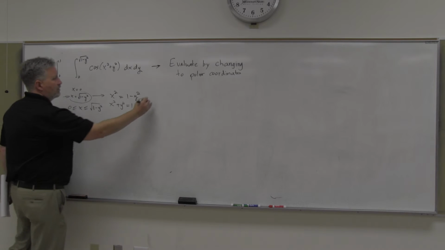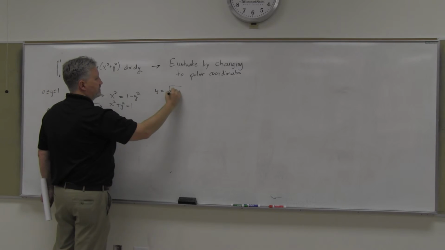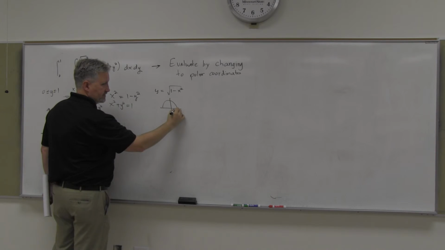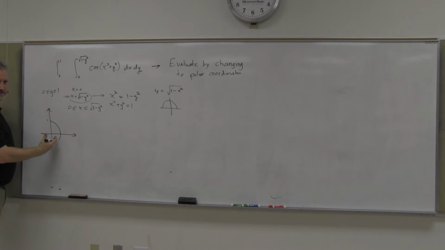If we have y equals square root of 1 minus x squared, that's the top half of a circle. So this is the right half of the circle, because it's x equals the square root. See the difference there? Okay.